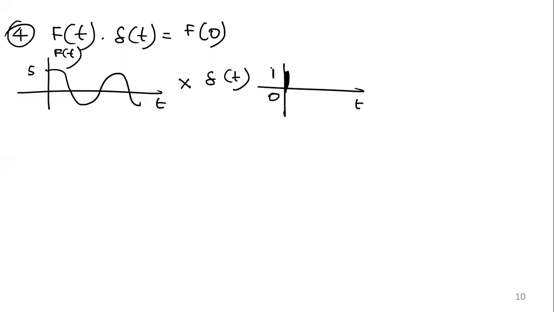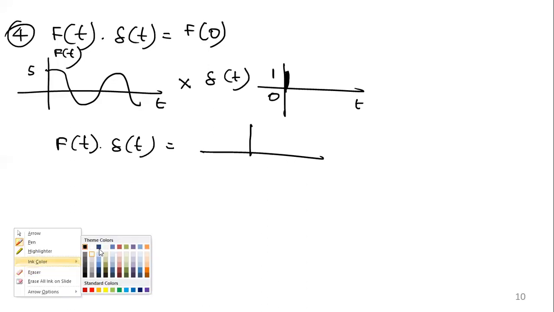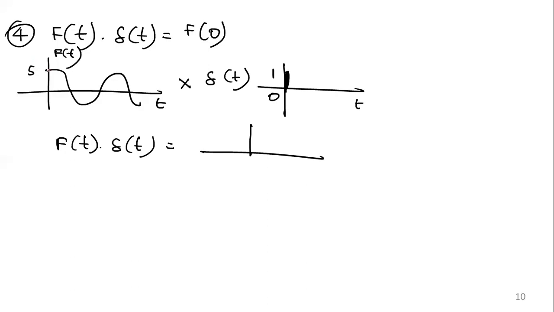So this is 1. So f of t into delta of t will be what? The same delta of t signal, because at other points we cannot define. So only this signal will come in the multiplication. Right? The rest will be 0. Anything into 0 is 0.